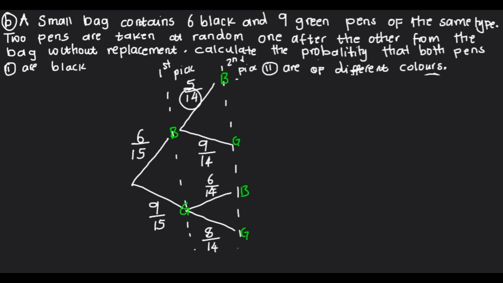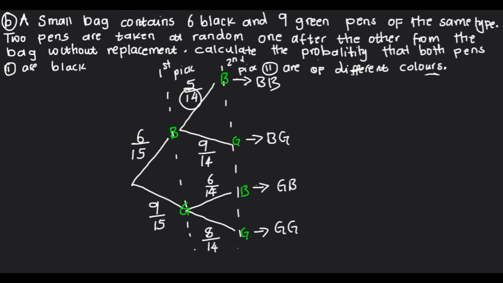Then for the possible outcomes here, we can see that we are going to have black, black, so this is BB. Then for this one, we are going to have black, green. Then for this one, we are going to get green, black. Then for this one, you can see that we are going to get green, green.